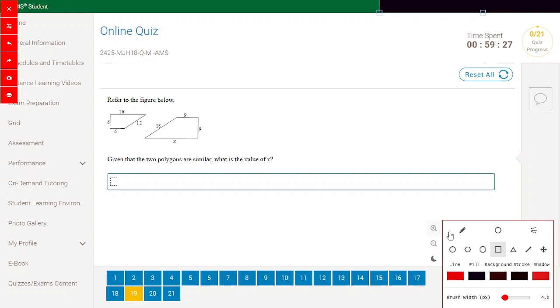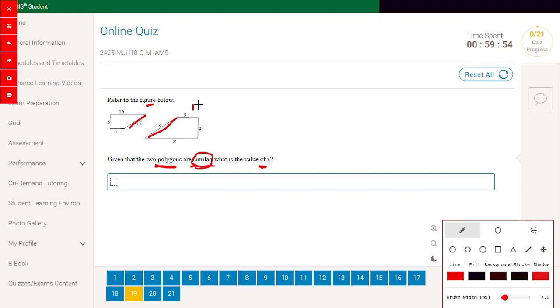Refer to the figure below, given the two polygons are similar. Same as what we said about the triangles. It's also the same with the polygons because they are similar. What is the value of x? So we look at these two figures and let's see which sides are similar to which side.